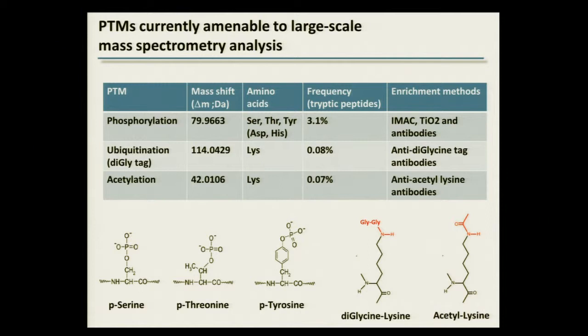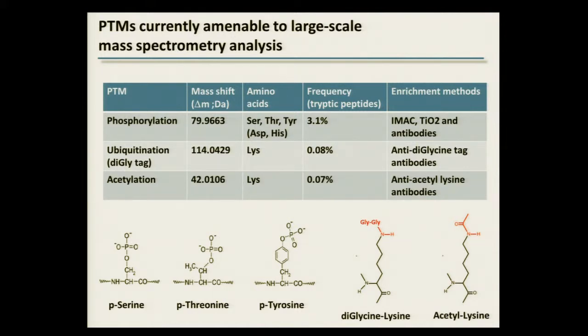If you want to analyze protein post-translational modification with mass spectrometry, the most typical sites you're looking at are phosphorylation, ubiquitination, and acetylation. To measure those modification events with mass spectrometry, you have to know that all of those modifications add a certain mass to peptides, and this mass delta we can actually measure.